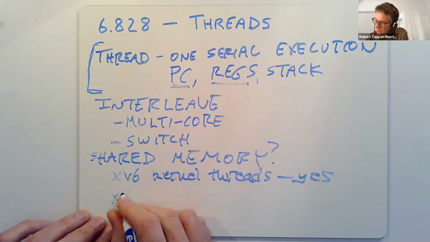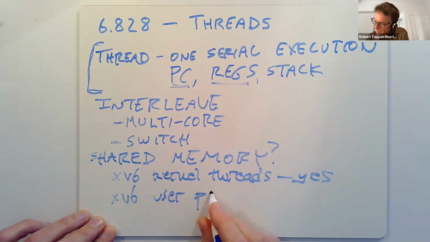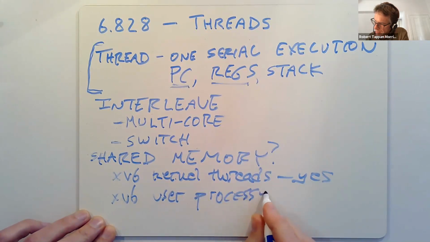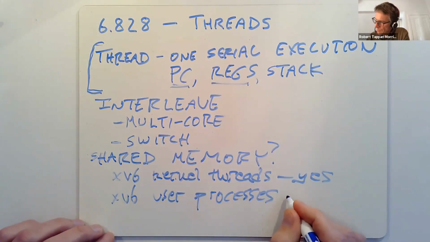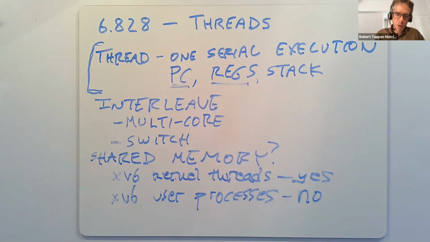So each XV6 user process has 1 thread, and so there's no sharing of memory among threads within a single XV6 user process. Of course, you can have multiple processes, but each of those processes is an address space with a single thread. The processes in XV6 don't share memory.